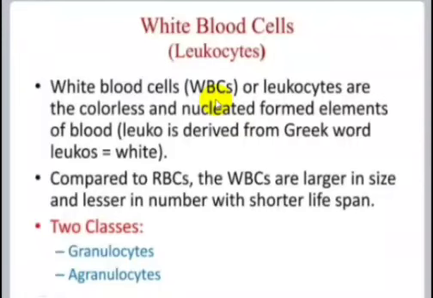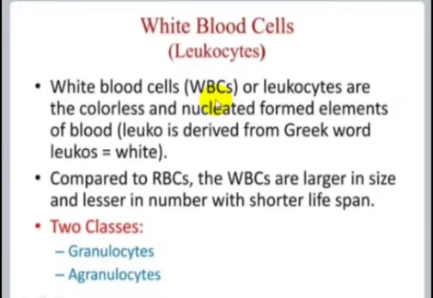So the next thing we need to look at is leukocytes. Another word for leukocyte is the white blood cells. We said that red blood cells are the non-nucleated formed elements of the blood, which means red blood cells have no nucleus.